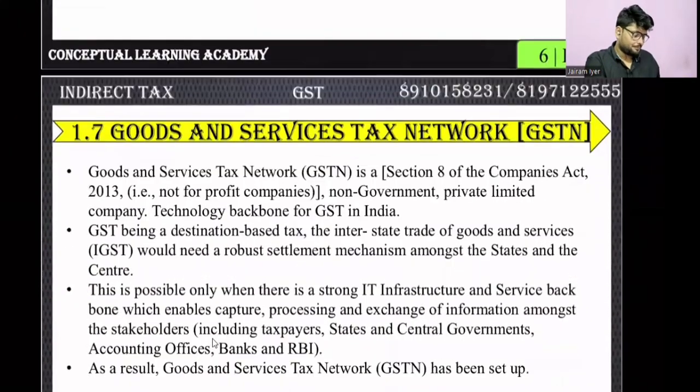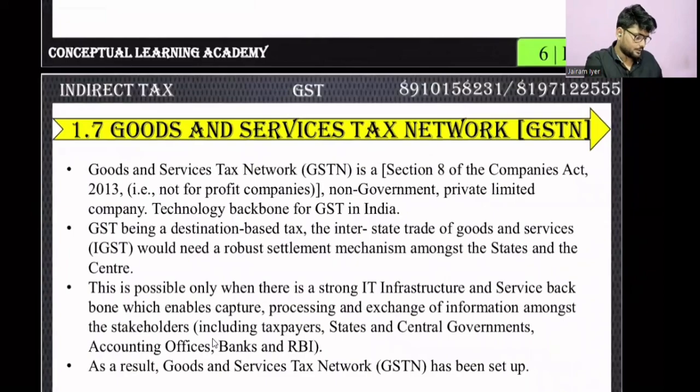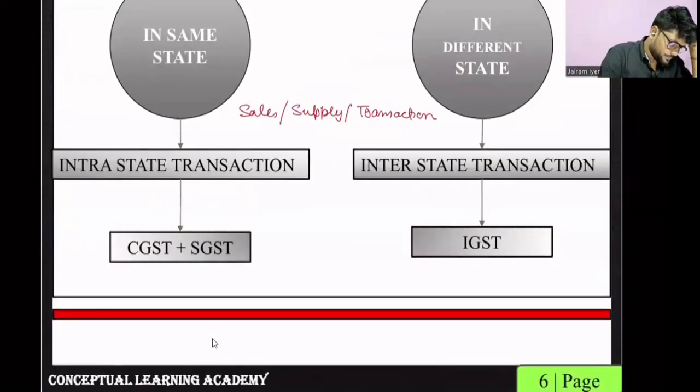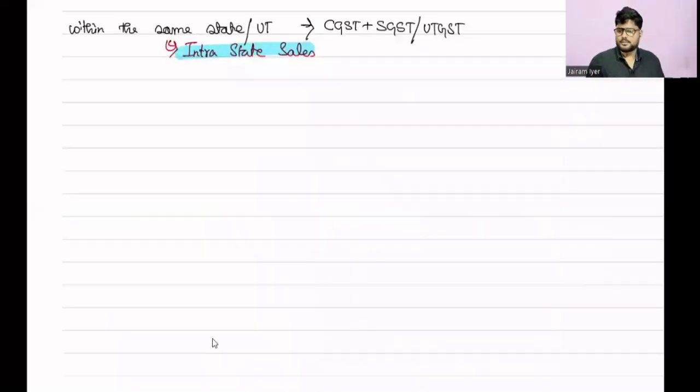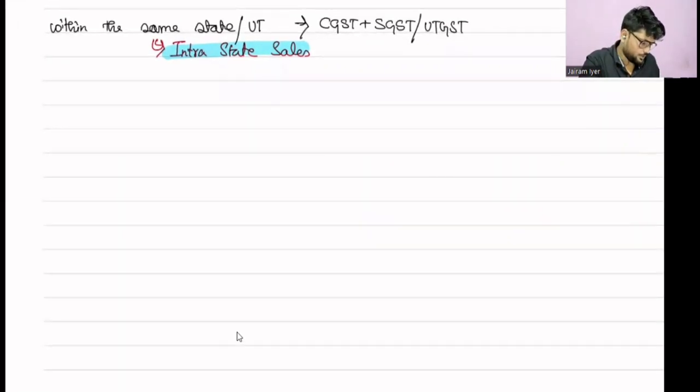Okay, now we'll discuss. If you remember, in the last session I was discussing that there is a governing body which will be recommending things to the government. Does anyone know?